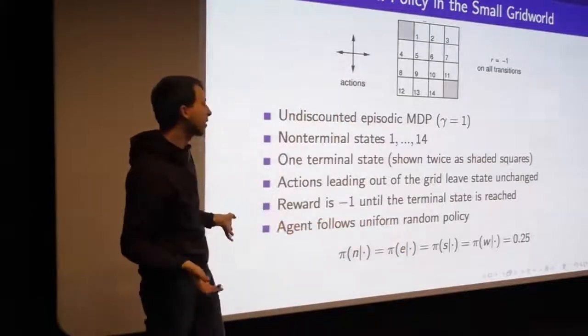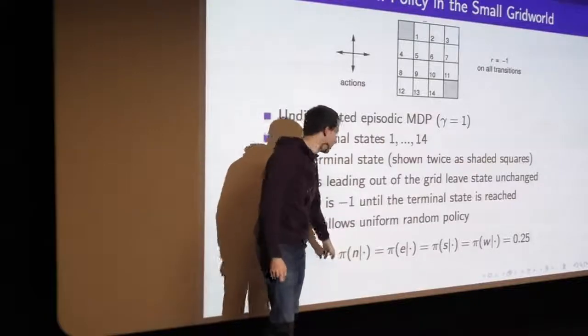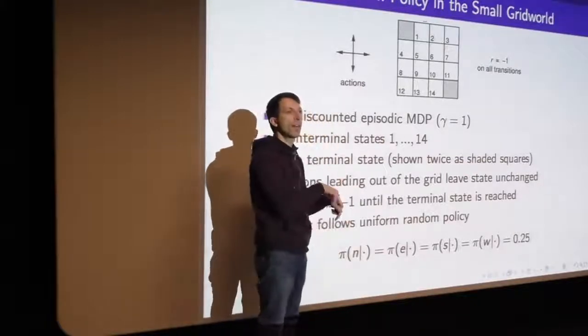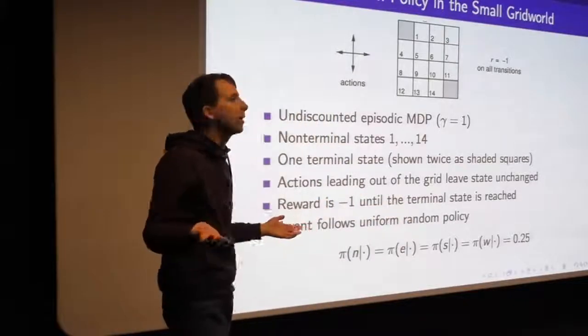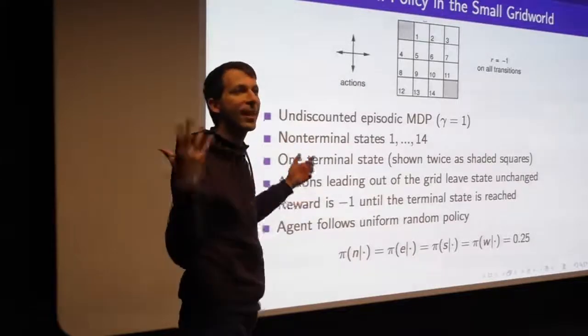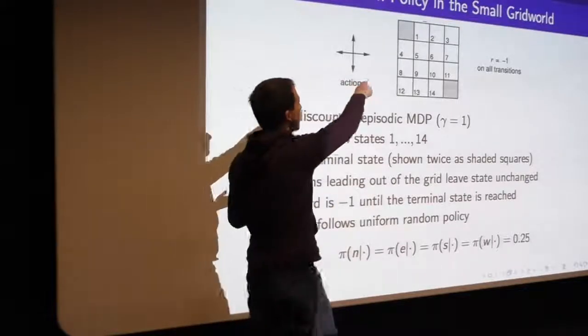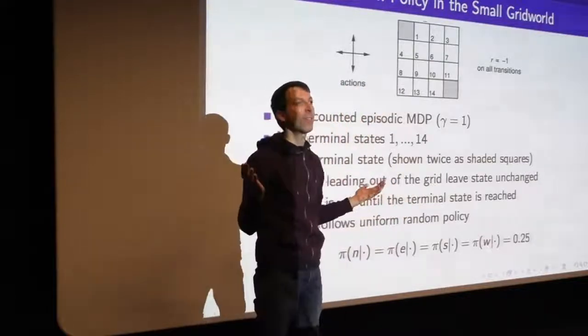We can consider the simplest policy we can think of, which is just uniform random. So probability of all 4 compass directions is just 1/4. And we want to know, how long does it take? If you look at this, it's not obvious at a glance how many steps it will take you to find one of these grey states on average.